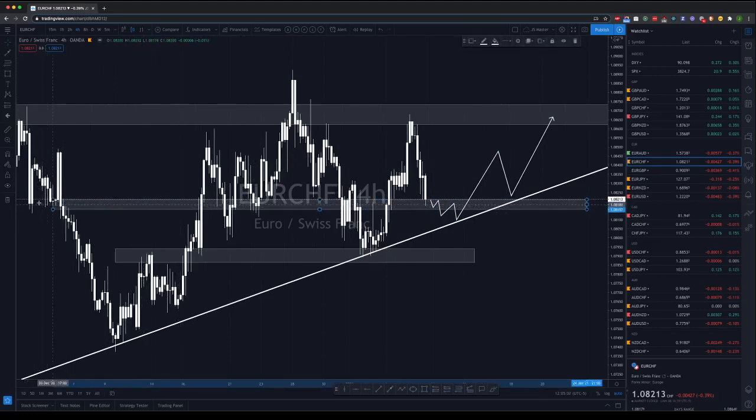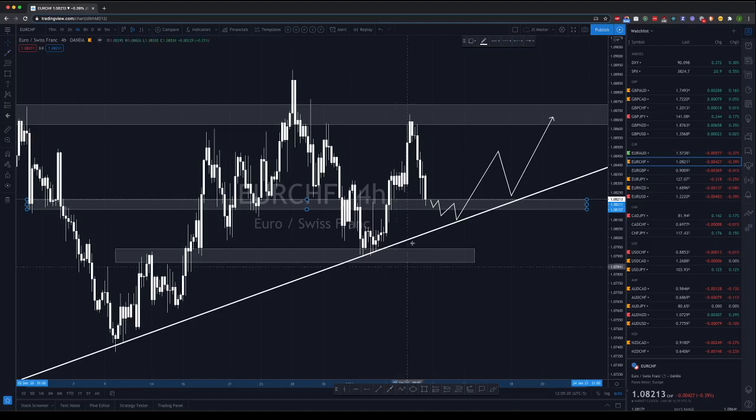All right, so I'll just keep an eye on it, see how price is acting around here, and if I'm seeing the type of price action I like with some kind of bullish rejection, or it starts to move in that bullish direction, then I'll look for an entry.